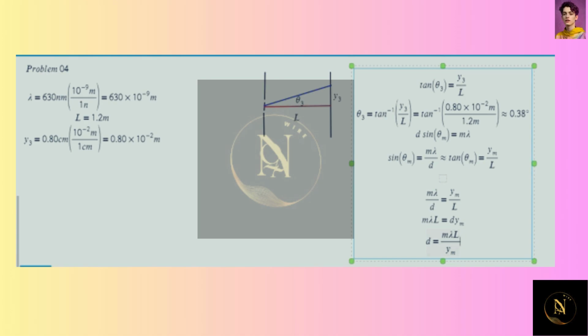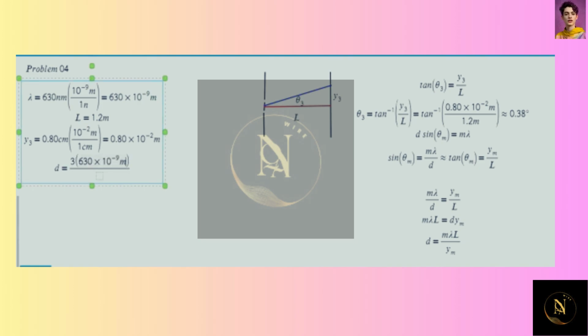So here, since we have y sub 3, and we have lambda and L, we could go ahead and solve for d here. So let's do that. D is going to be equal to m, which is 3 in this case, times lambda, which is this value here. So we're going to multiply 3 lambda. We need capital L, which is 1.2 meters.